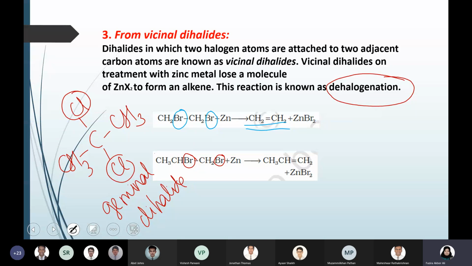You have to specifically use vicinal dihalides. So dihalides are basically classified as vicinal and geminal. Vicinal means halogens on neighboring carbon atoms. Geminal dihalide means both halogen groups are on the same carbon atom. That is the difference. So here you can't take a geminal dihalide, you have to take a vicinal dihalide for the preparation of alkenes.